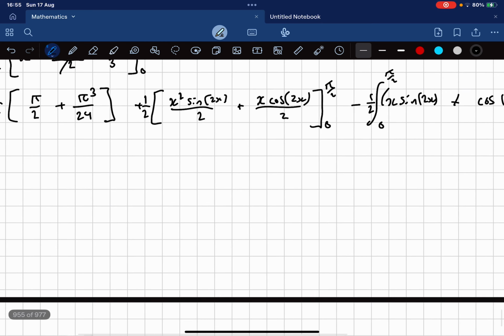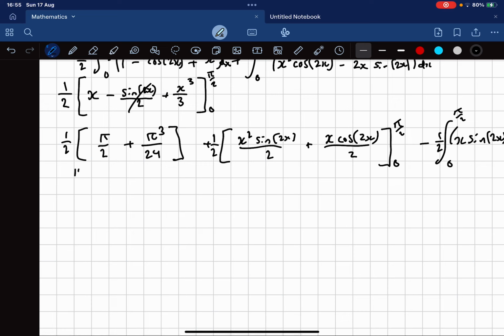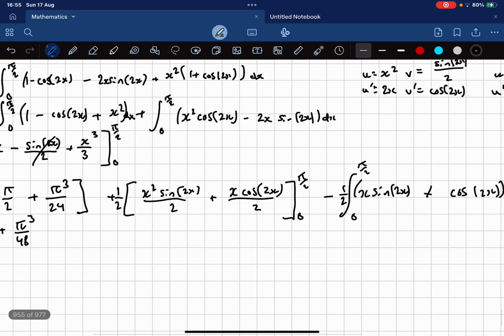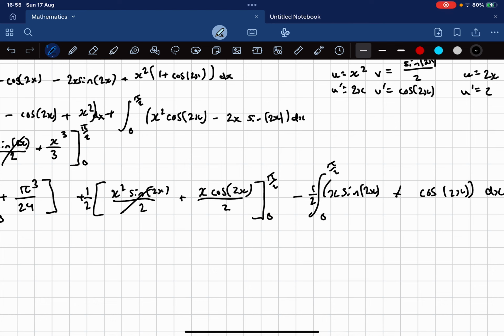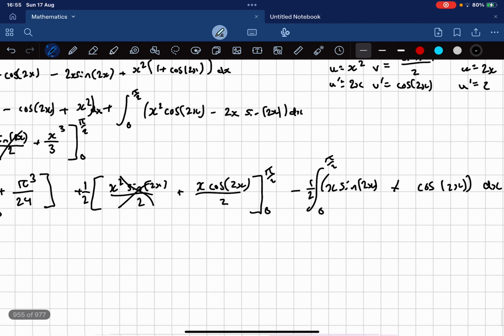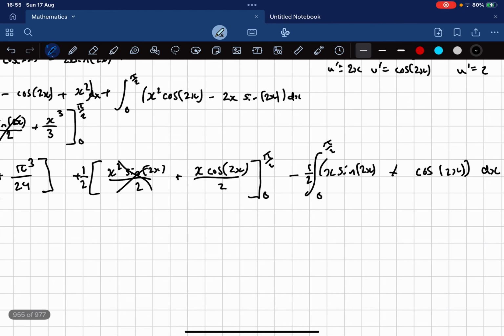Okay, so we've got pi over 4 plus pi cubed over 48. Sine 2x with these limits cancels to 0. You've discovered that. Okay. x cos 2x, so that's going to be pi over 2 times minus 1 over 2.